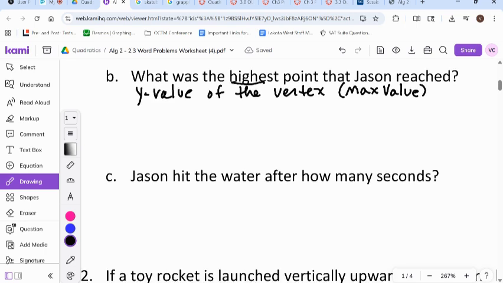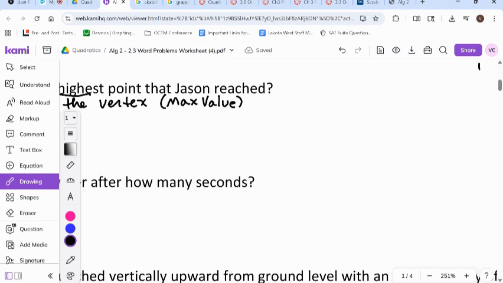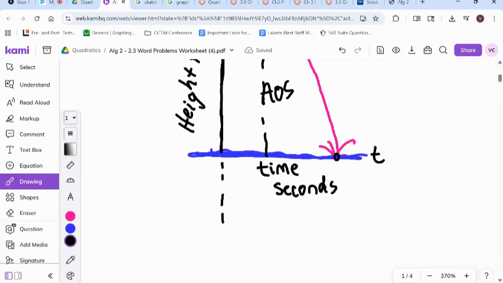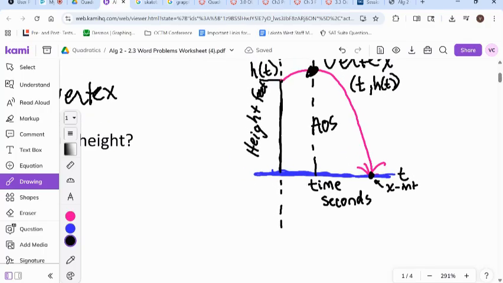And then, Jason hit the water after how many seconds? So let me go find where he hit the water. Right here, that's going to be one of our x-intercepts. And it's actually the second x-intercept. Now, you might not see the first x-intercept because that is happening where time can't happen.